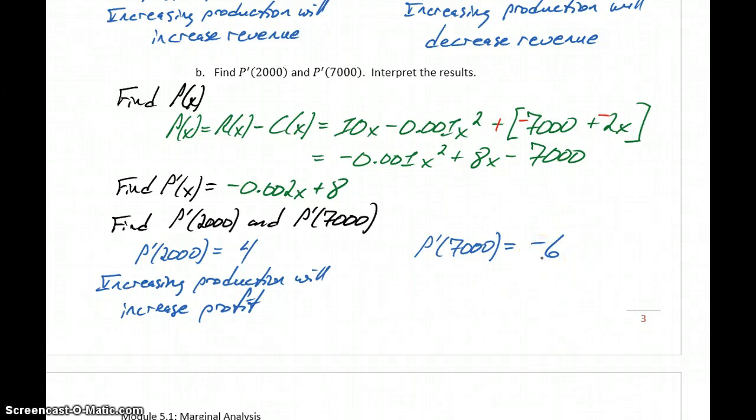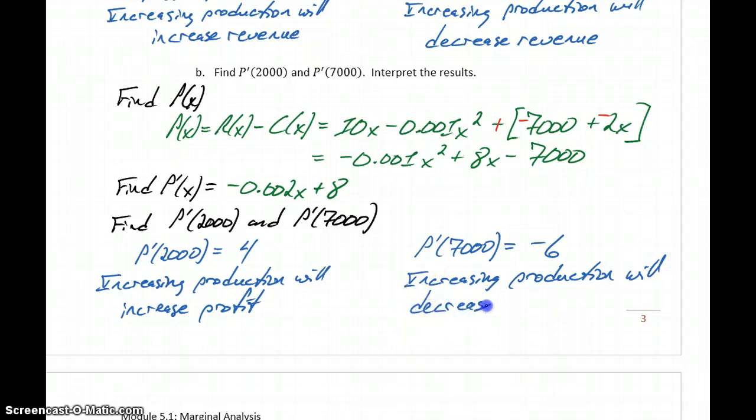So increasing production is going to cause us to lose profits. So increasing production will decrease profit. Or, again, the other way we could say that is that if we decrease production, then we'll increase profit.